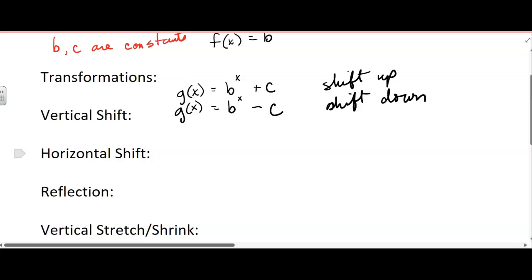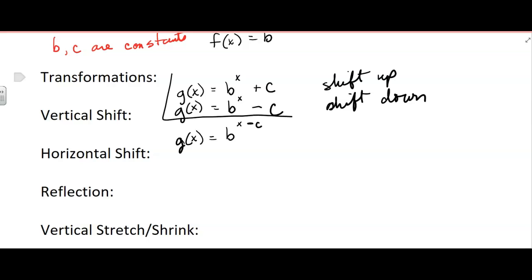A horizontal shift. If you have b to the x minus c, you've got to look at the difference here. In the first one, the c is not in the exponent, but in this one I just wrote, the c is in the exponent. So it's really hard to tell, so be really careful the way you write it.